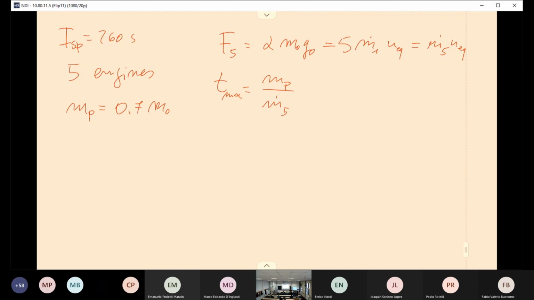Here this m dot 5 is F over ue, and then this is also m0 g0.